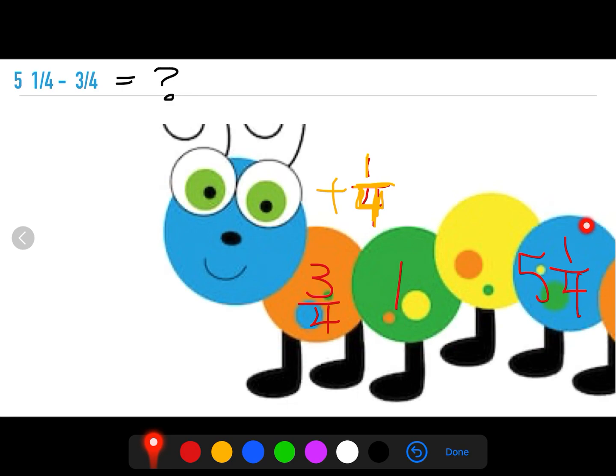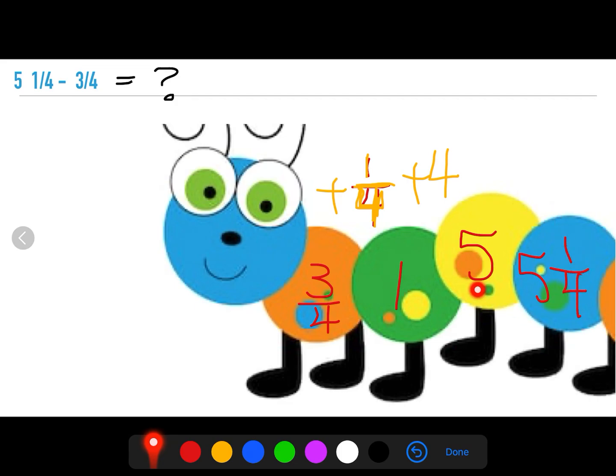Now remember, we're looking at our end point, which is 5 1/4. I'm only at 1 whole, so I have to ask myself, what is the closest whole number that I can count up from 1 to? Within 5 1/4, the closest whole number is 5 wholes. So I can count 1 plus 4. And that would get me to 5.